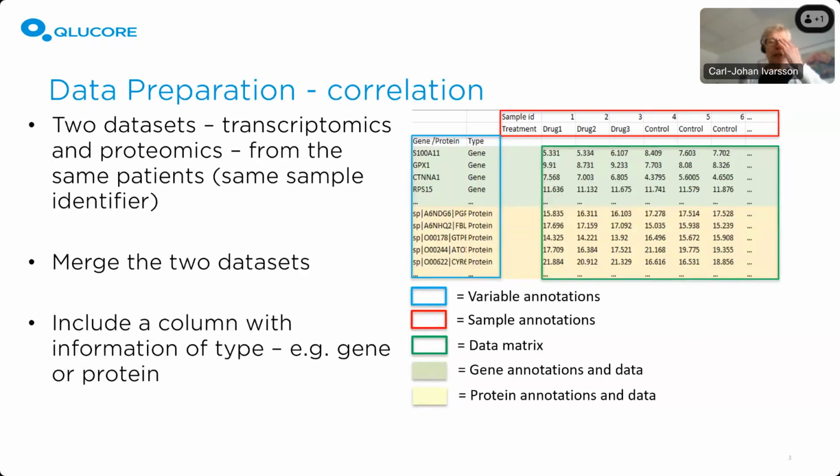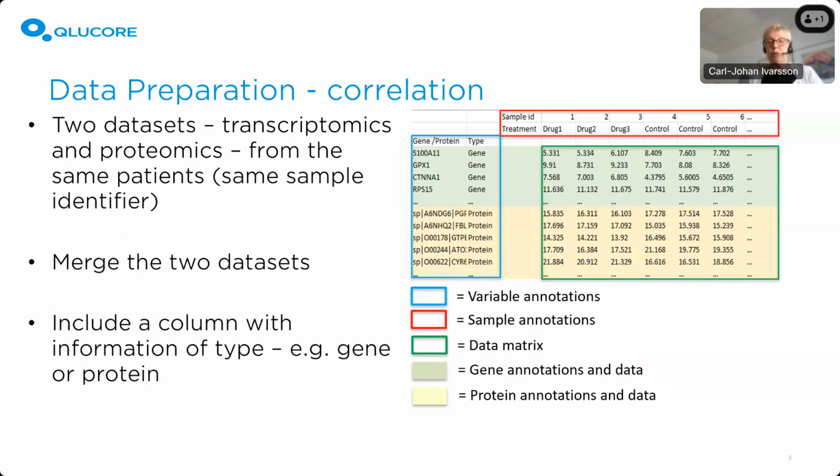So first we need to prepare our data set. So we start with two data sets, one transcriptomic data set and one proteomics data set, where the same samples, the same patients have been identified. And then we merge the two data sets, and we also include a column with information of what type it is.